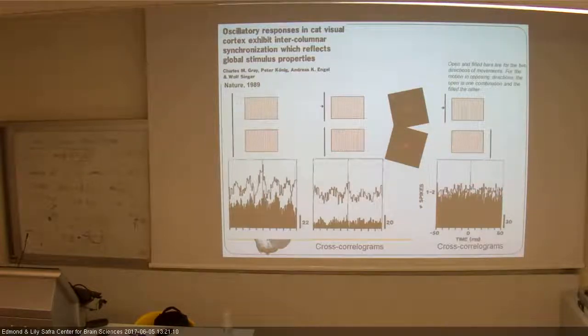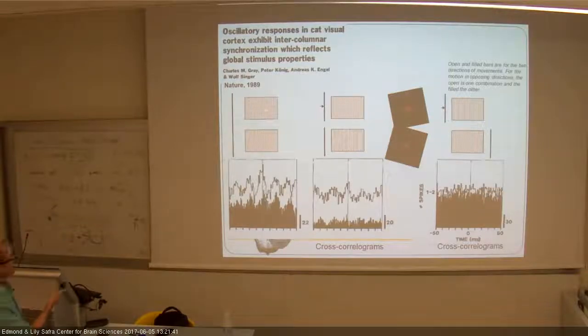Okay, so this is a nice story which is also strongly connected to LSEC. So I'll tell you the story because it gives you the flavor of the problem of artifacts and what they can do. So many years ago, Gray and Singer recorded from the cat's visual cortex, and they recorded from adjacent neurons, and they mapped their receptive fields.